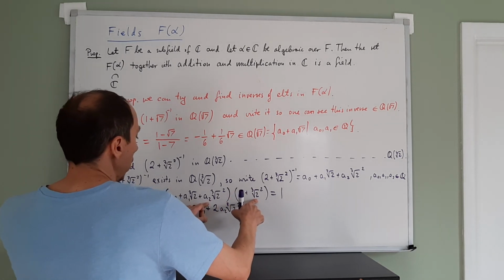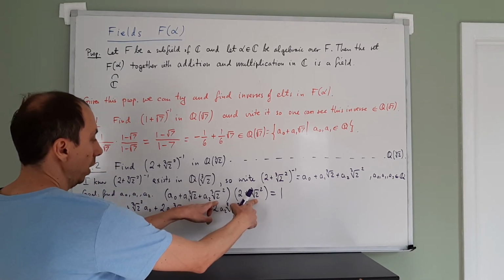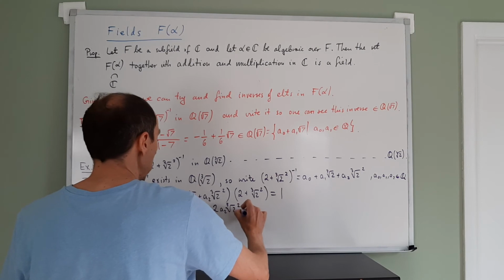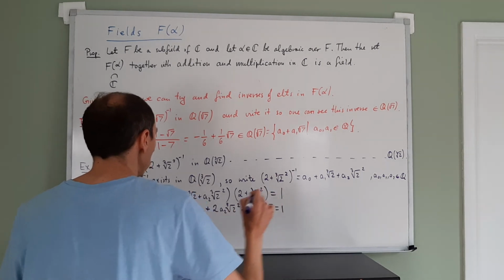And these two give me cube root of 2 to the 4th, which is just 2 times cube root of 2. So that's plus 2a2 cube root of 2 is equal to 1.